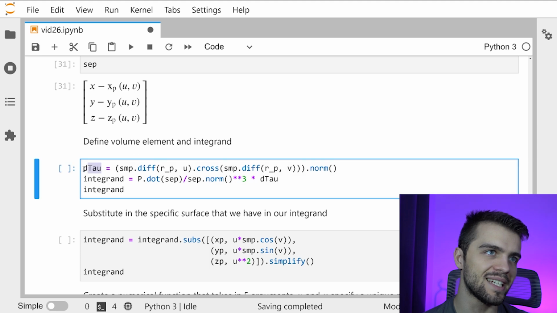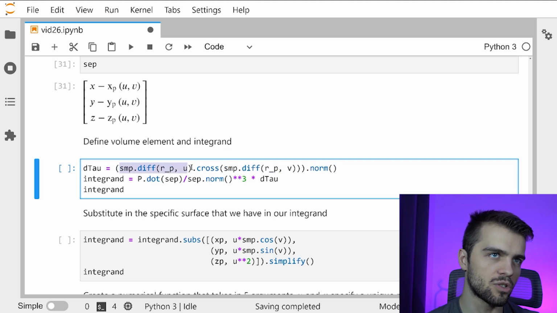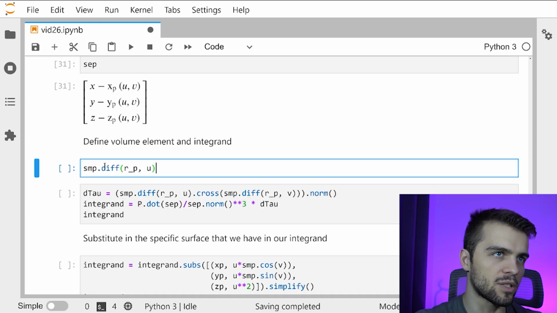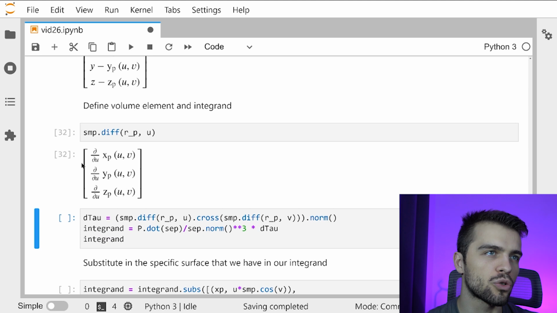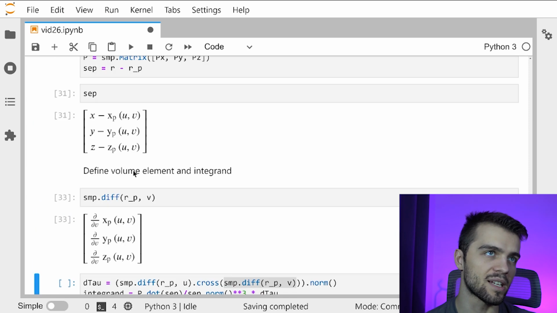So I need to define d tau. And remember, that's Ru cross Rv normalized. Just to show you what I'm talking about, this is the derivative of r prime with respect to u. I have to take the cross product of this with the derivative of r prime with respect to v, which looks like this.